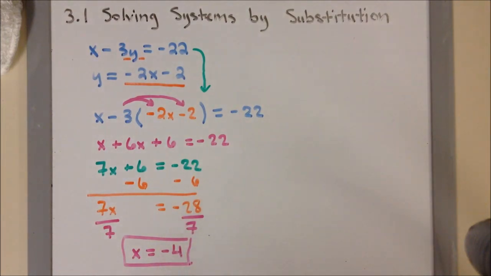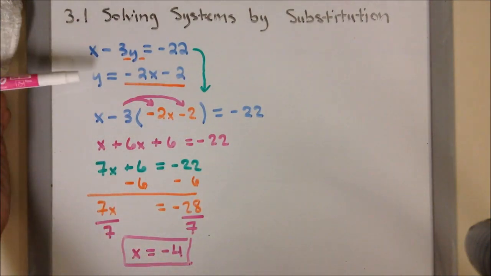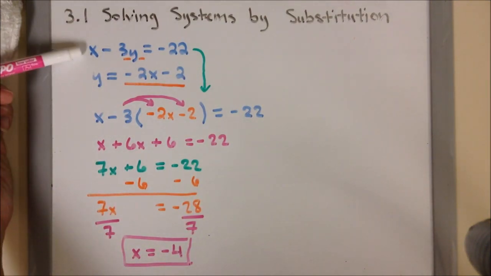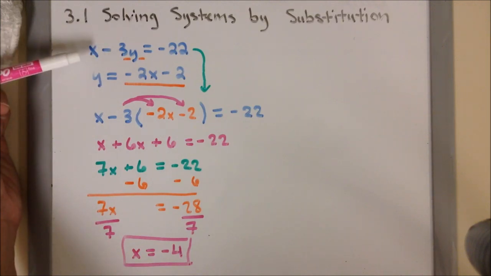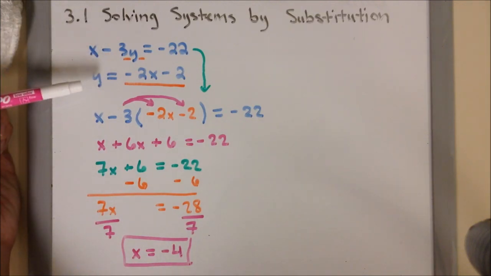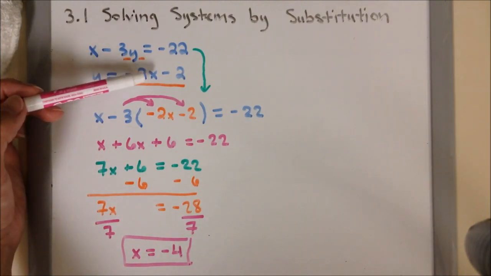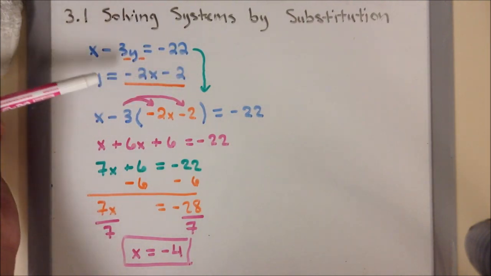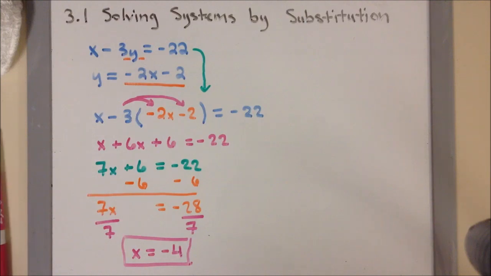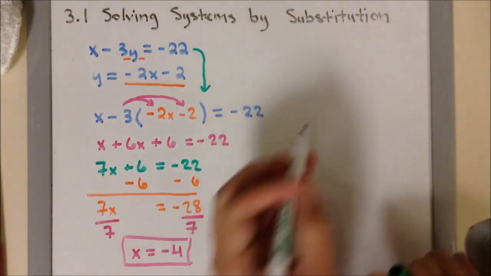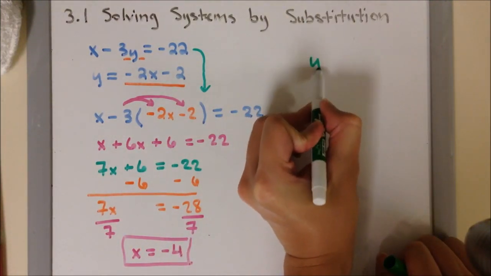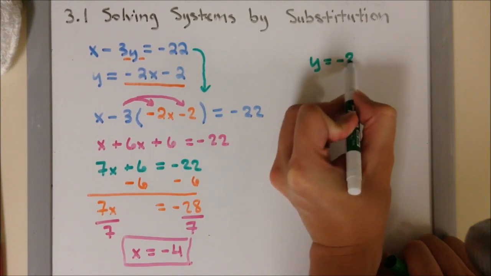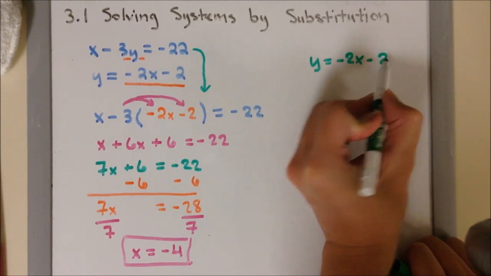Alright, from there, I'm going to use the second equation. You can still use the first one and then try to solve for y. I'm going to use the second one because we have x, we're looking for y, and in the second equation, y is by itself. When I plug in the x value, it's going to come out as a number. That's going to be automatically the value for y. So right here, I'm going to write y equals negative 2x minus 2.